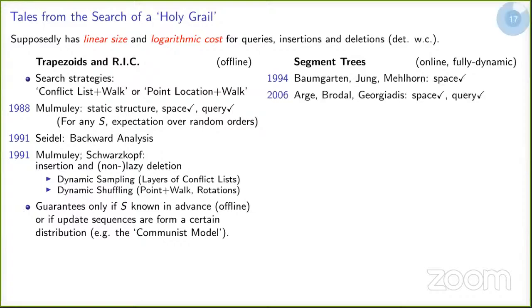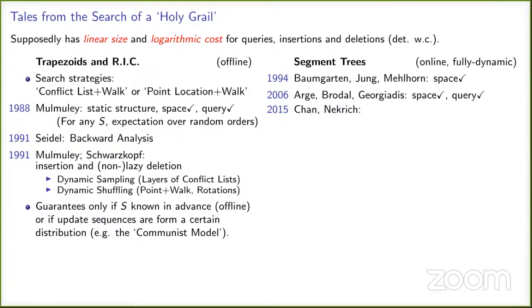This was later improved by Arge, Brodal, and Georgiadis, raising the fan-out of the search tree nodes to improve the query time down to logarithmic.